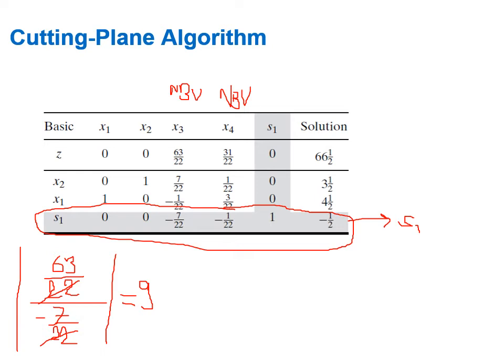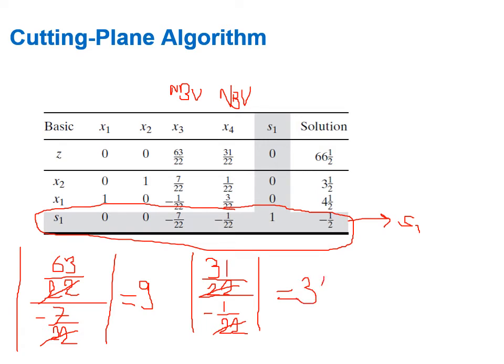What about the ratio for x4, the second non-basic variable? Again, the row 0 coefficient is 31/22, and the pivot row coefficient is -1/22. Again, we need to take the absolute value, and these 22's cancel out. The result is 31.